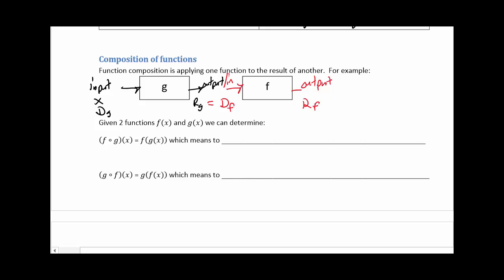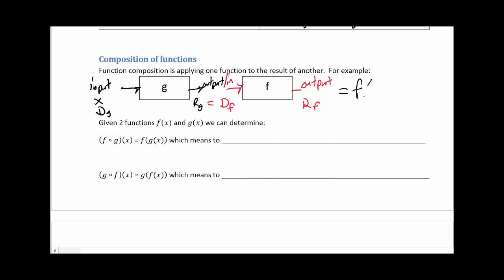Okay, now what impact is g going to have on f? What's that going to do when we take the outputs and have that be the inputs for f? Well, it gives us this new hybrid function. It's what we call a composed function or a composition.